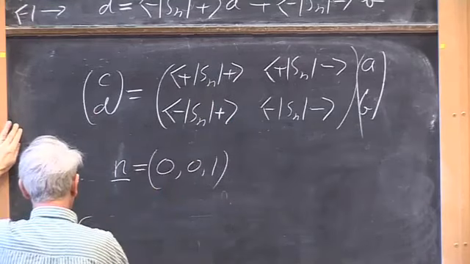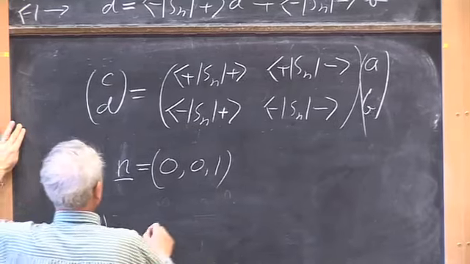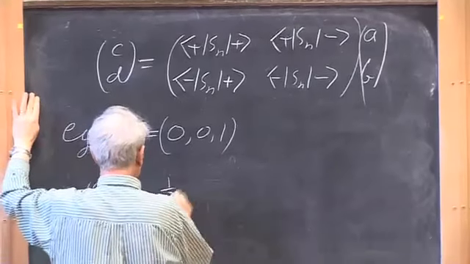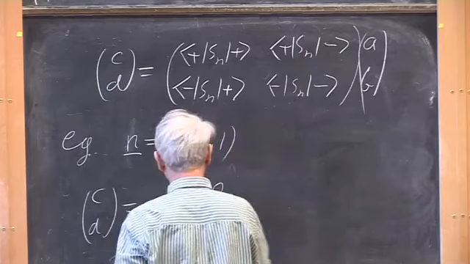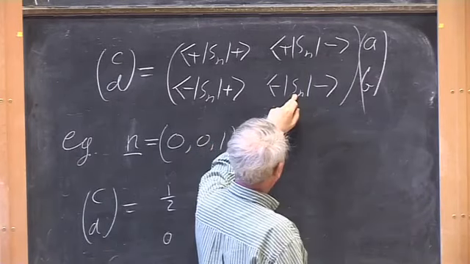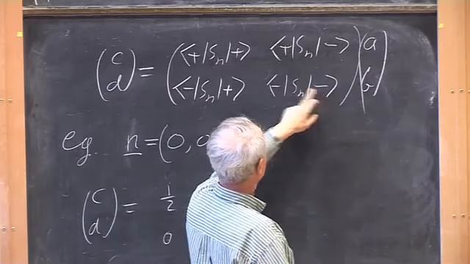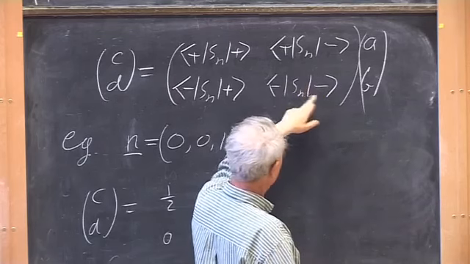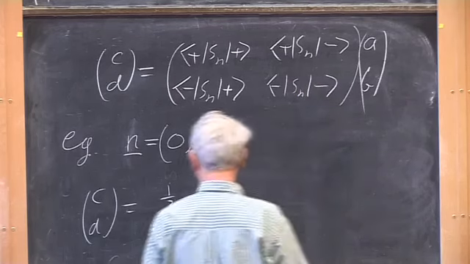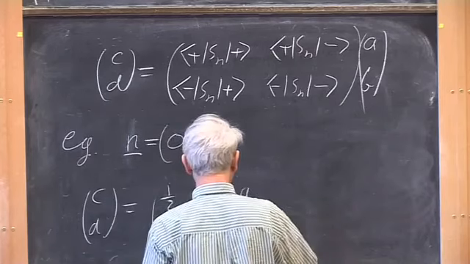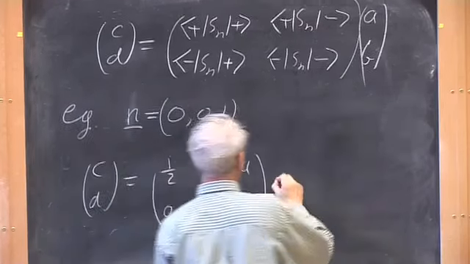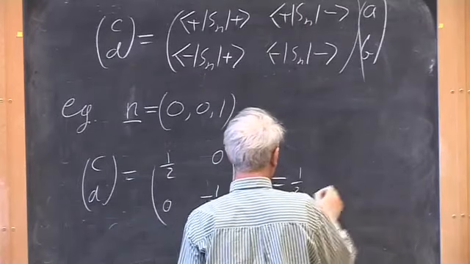Then C D is equal to a half. Sz on minus is minus a half times minus, but a minus is orthogonal to this, so we get a nothing, nothing. And Sz on this is minus, so this one is minus a half of minus, so this thing evaluates to minus a half.